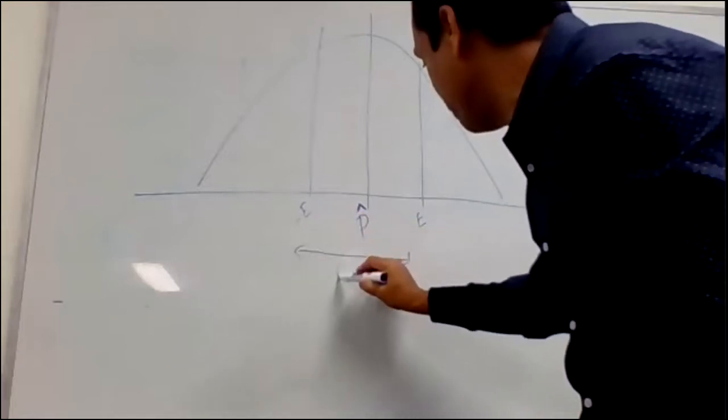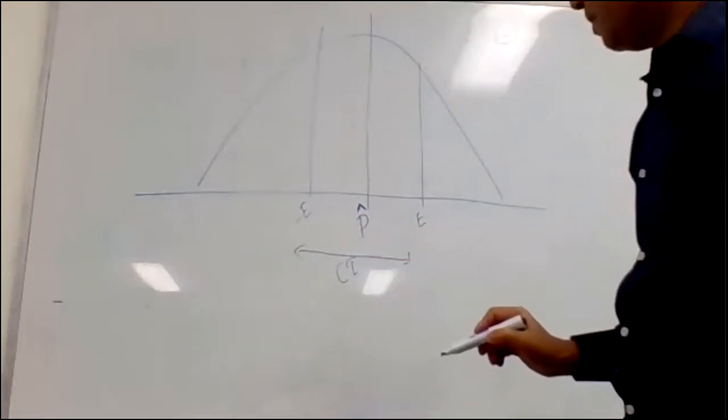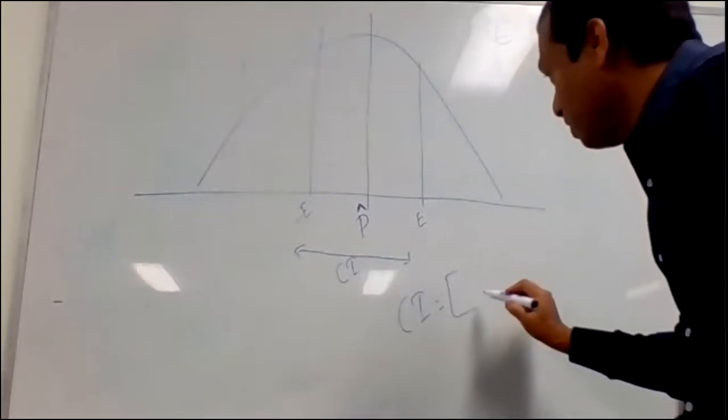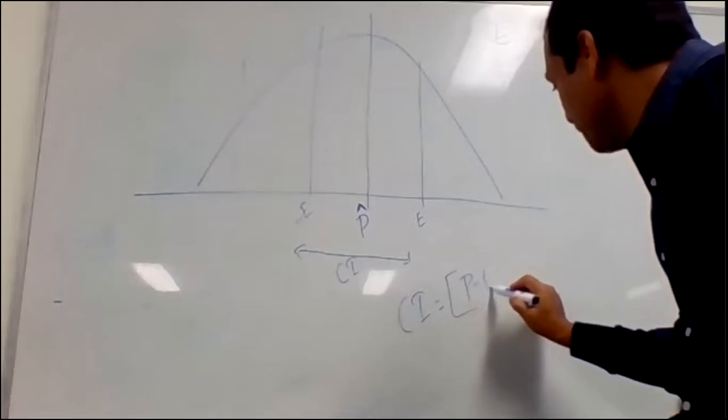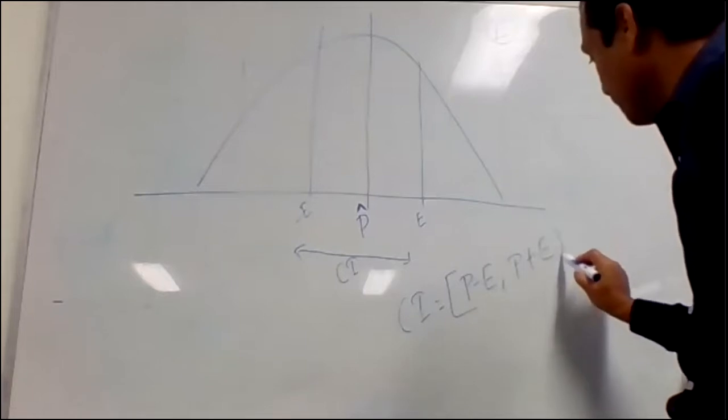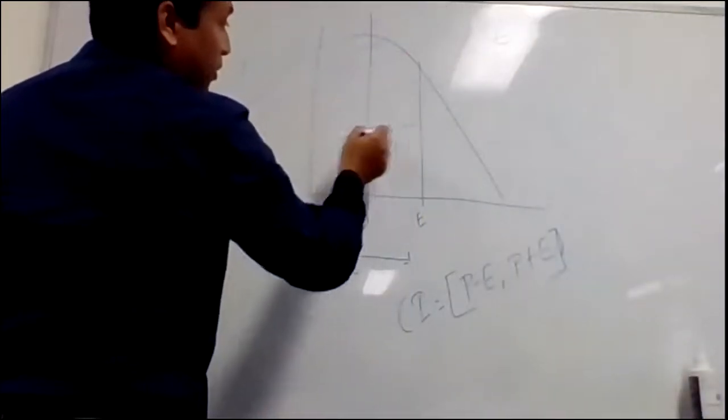This is the confidence interval. So the confidence interval is the range p hat minus E to p hat plus E. This is the interval we are looking for.